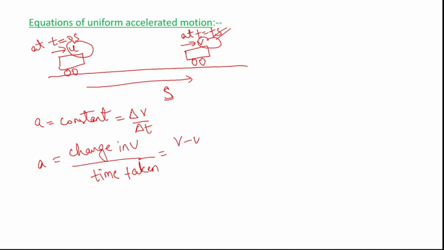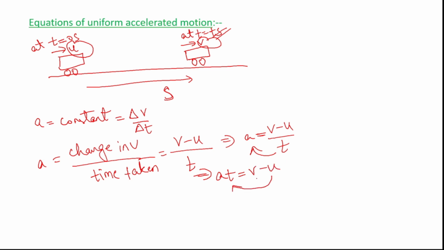So v minus u by what is time taken? It is t. So what are you getting from this? a equal to (v minus u) by t, right? Now let us take this t to the other side. You will get at equal to v minus u. Now let us take this u to the other side. Then what will you get? u plus at equal to v, right? So let us say this is equation 1.